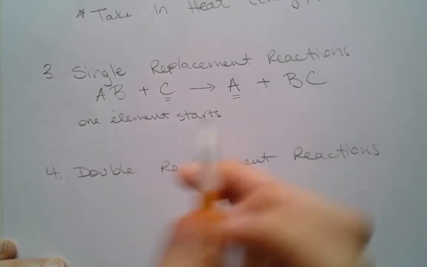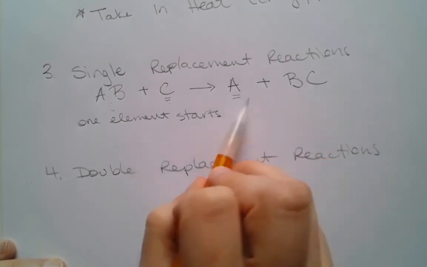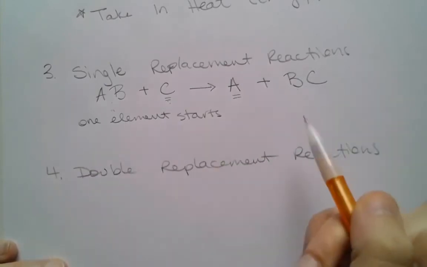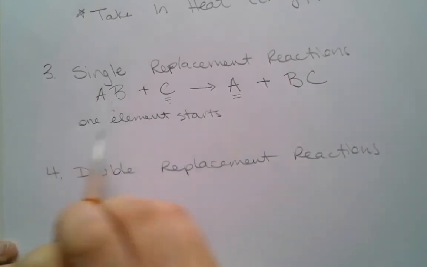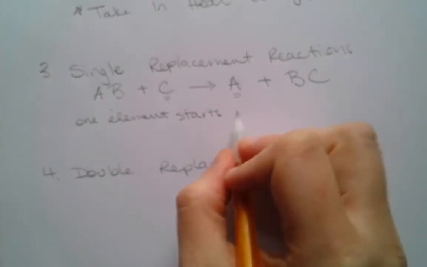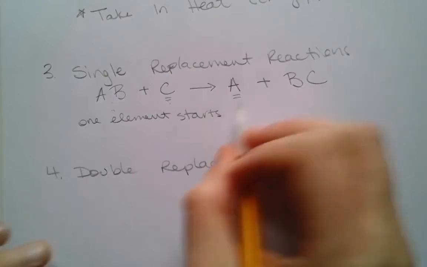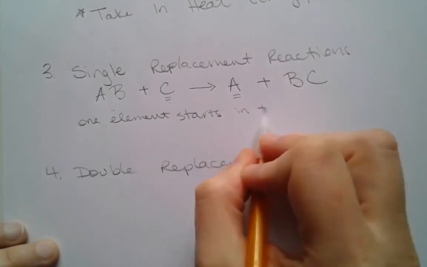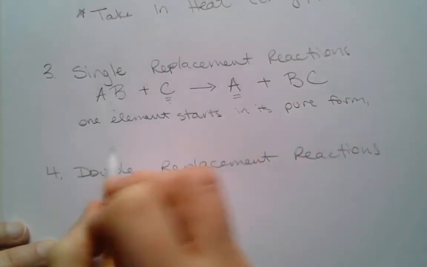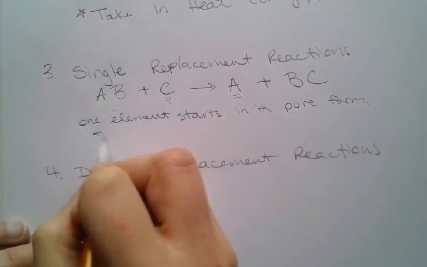Acid eats metal, great. And then afterwards, you've got a part of that acid attached to the metal and a flammable gas. That's a frequent way that you see these single replacement reactions. So one element starts alone by itself in its pure form, and a different element ends up in its pure form.